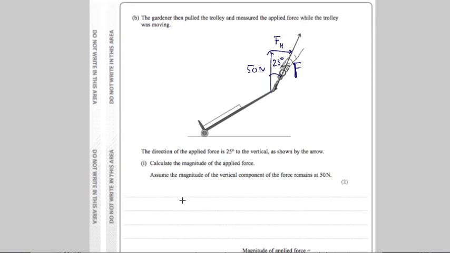So, in fact, do we even need to? I don't believe we need to, because we have an angle, we have a hypotenuse, F, and we have an adjacent. So let's just write down the formula for cosine.